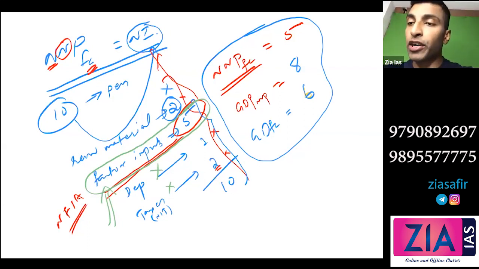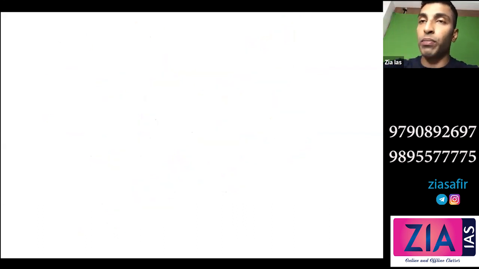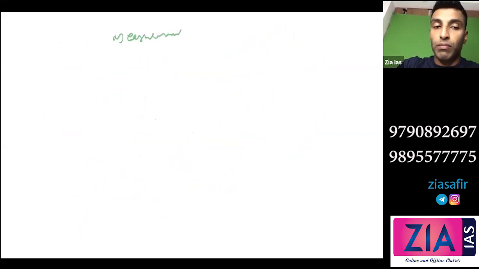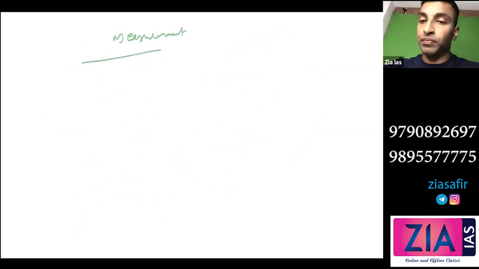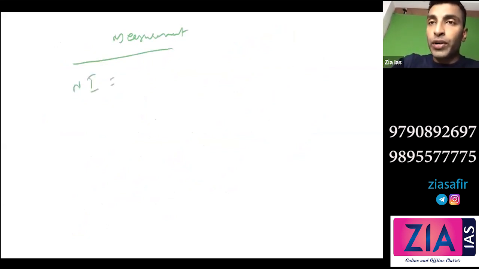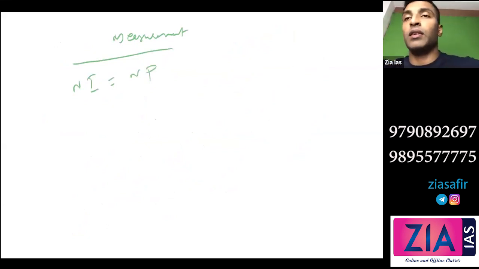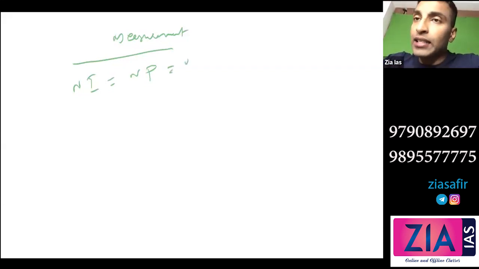Now give a heading, measurement of national income. We will discuss the measurement of national income. So can I say national income is also equal to national product? National product is basically your production. That production is your income. So national income is your national product. It can also be understood as national expenditure.